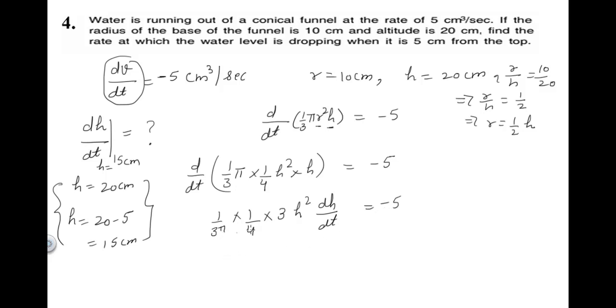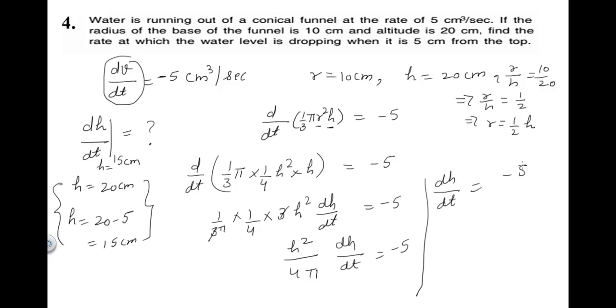Now 3 and 3 will get cancelled. So we have h square upon 4 pi dh by dt equals minus 5. So what will we have at the end? We will have dh by dt equals minus 5 multiplied with 4 pi divided by h square. What is the value of h here? 15.